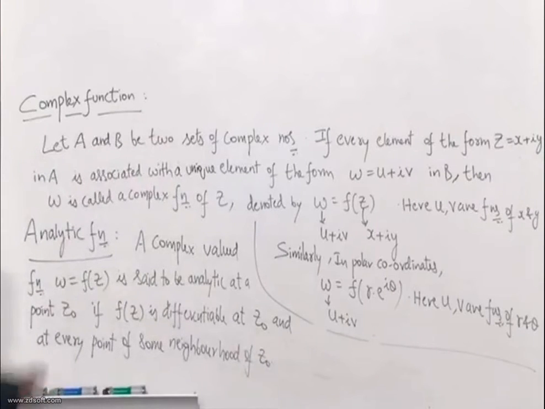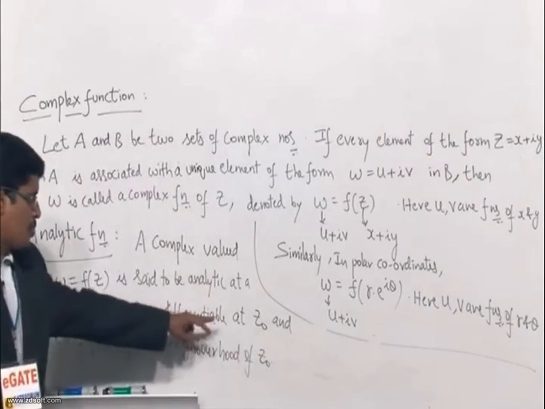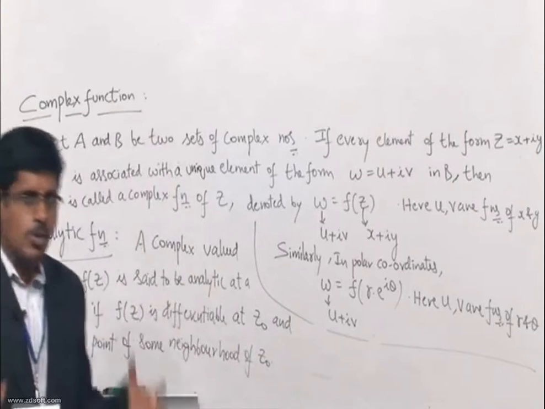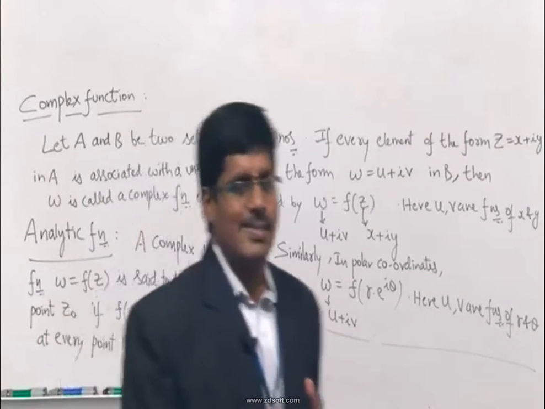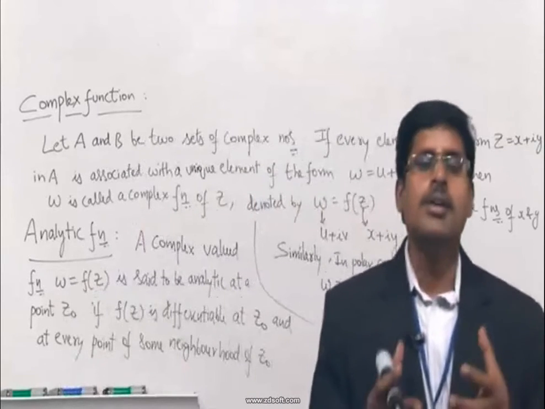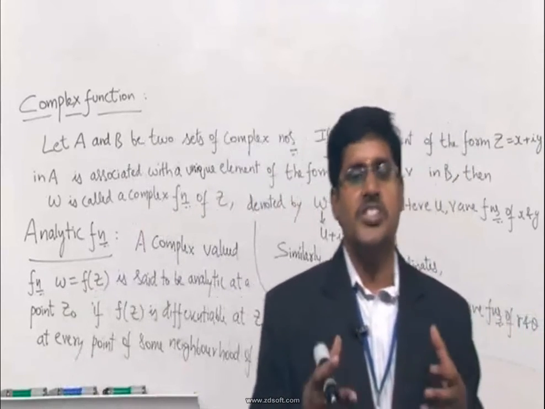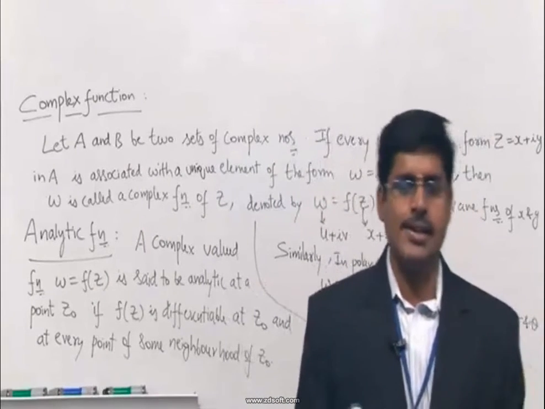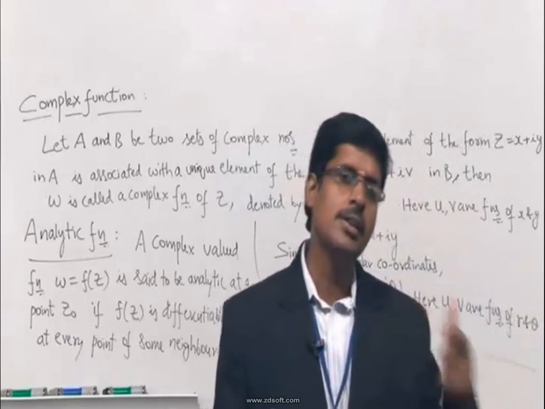See, f of z is not only differentiable at z0 but also at every point of some neighborhood of z0. Neighborhood of a complex number is a set of all points z where mod z minus z0 less than delta. Delta is called the radius of that circle.